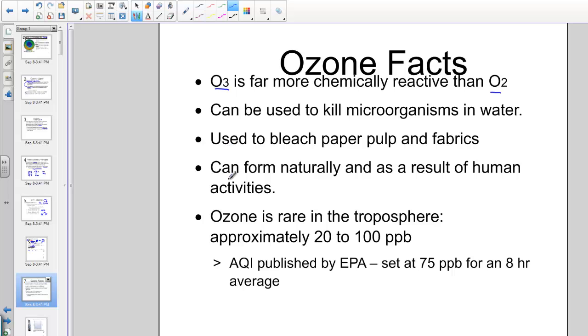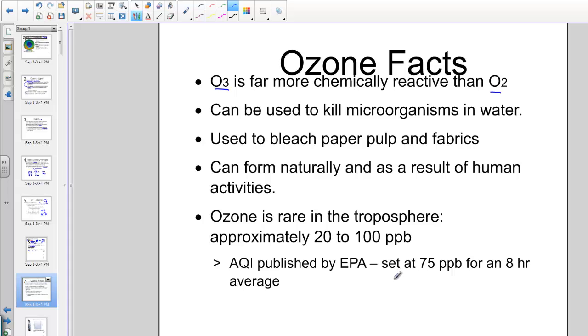It can form naturally and as a result of human activities. So ozone forming naturally from a source of radiation such as from the sun or lightning, or as a result of human activities. If we start releasing pollutants into the air, we might produce ozone from molecular oxygen. It's rare in the troposphere, approximately 20 to 100 parts per billion.